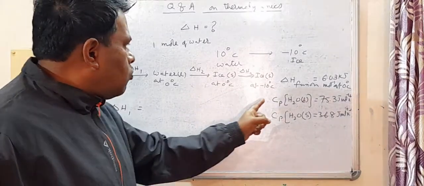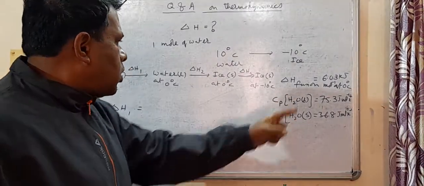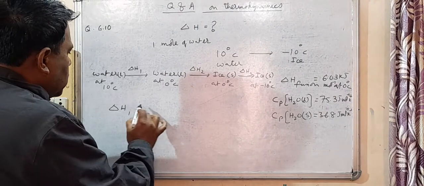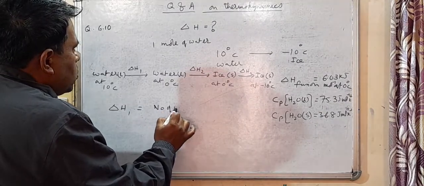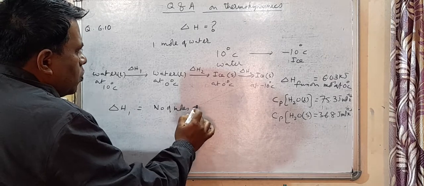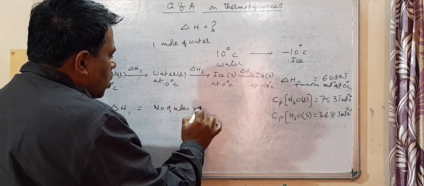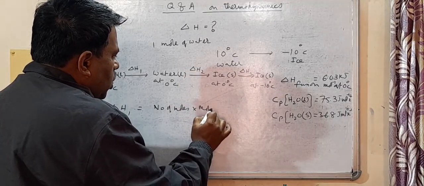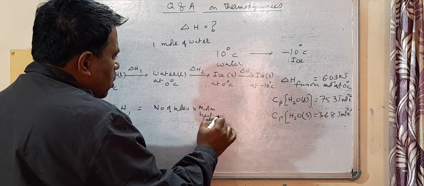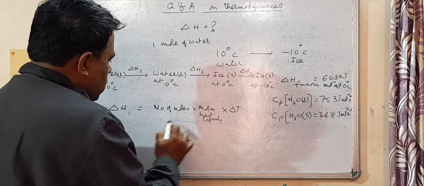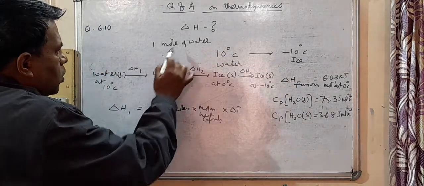Since the molar heat capacity of liquid water is given, delta H is number of moles into molar heat capacity into delta T. The number of moles of water is 1.